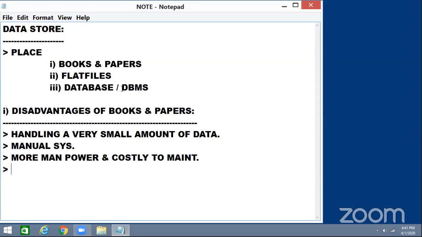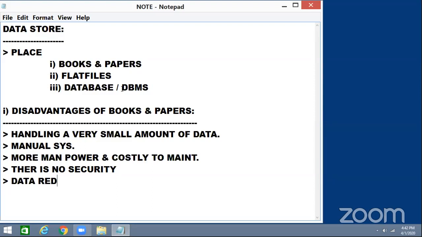The next one: there is no security. So we are also facing security problems; our data is not secure. Next, data redundancy.